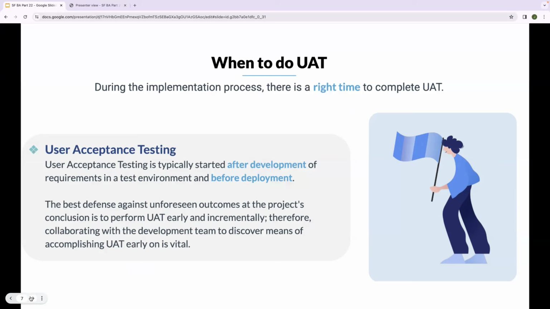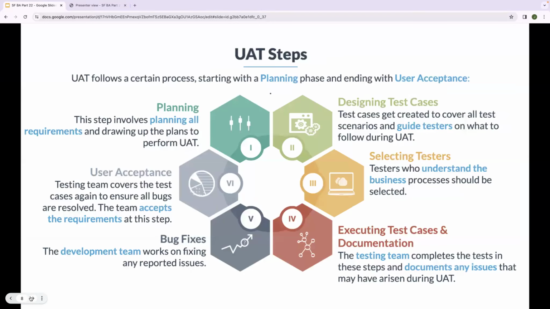User acceptance testing is typically started after development of the requirement in the test environment and before deployment. The best defense against unforeseen outcomes at the project conclusion is to perform UAT early and incrementally, therefore collaborating with the development team to discover means of accomplishing UAT early on is vital.